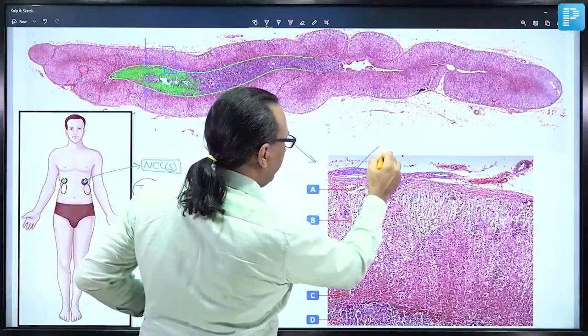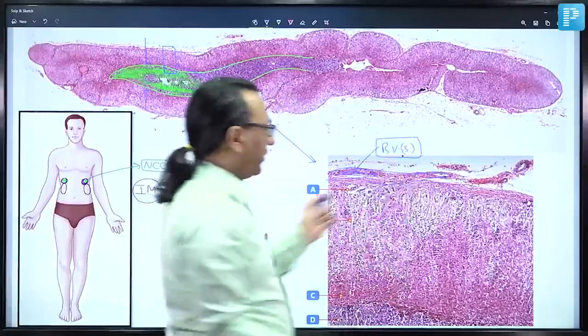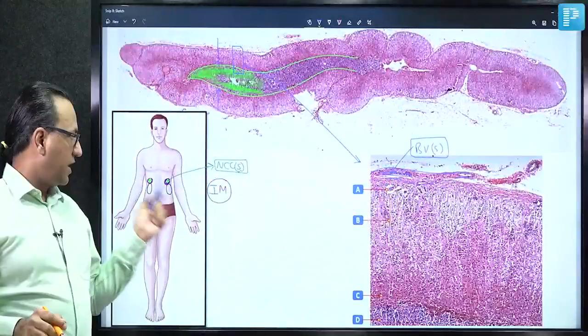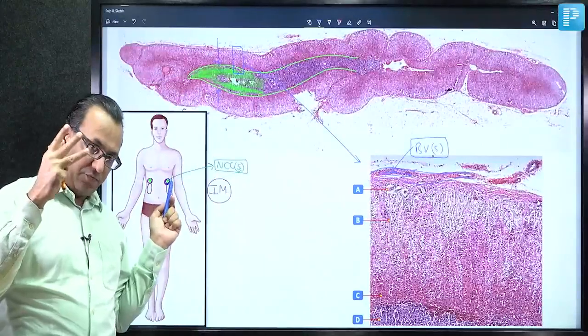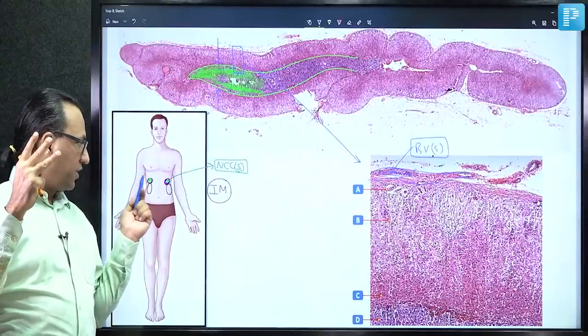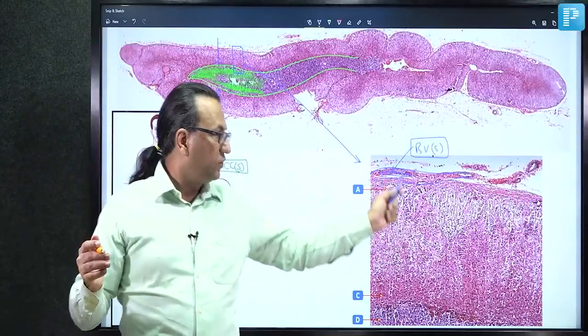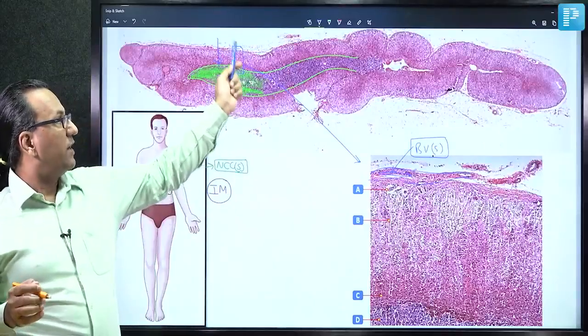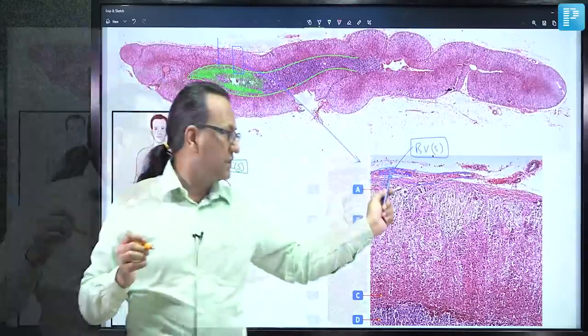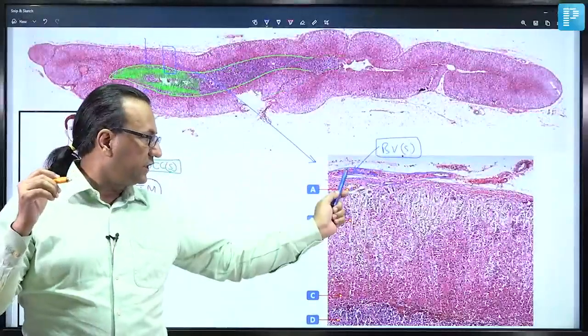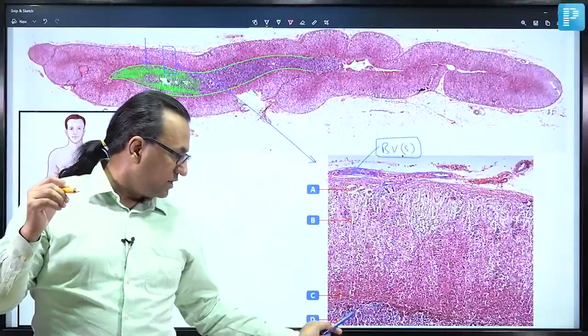Now these blood vessels, there will be three arteries supplying the adrenal gland: superior, middle, and inferior suprarenal arteries. And as these arteries reach the capsule of the adrenal gland, they'll be sending some blood vessels, few of them supplying adrenal cortex and the others supplying the adrenal medulla.